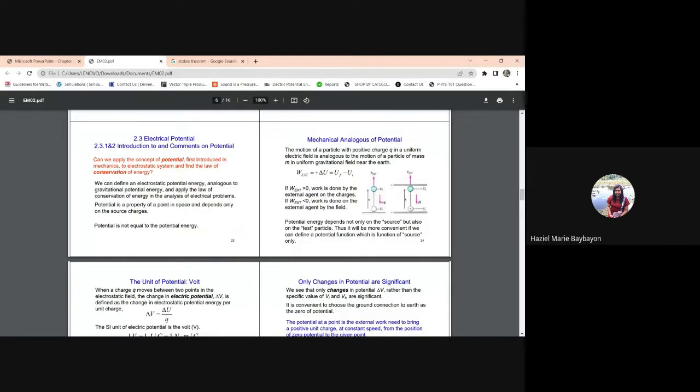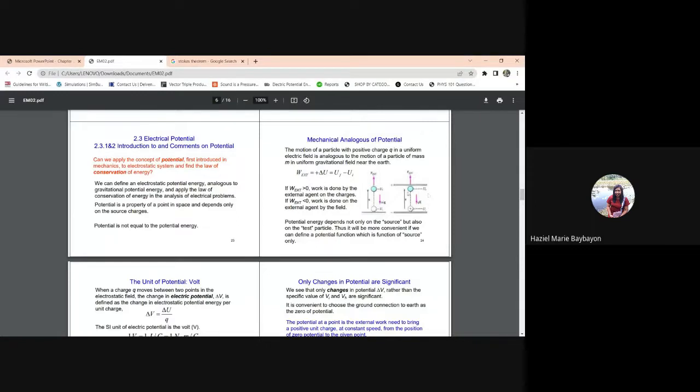So electric potential energy is somewhat like the gravitational potential energy. The charge can be thought of as the mass that is moving in the gravitational field.